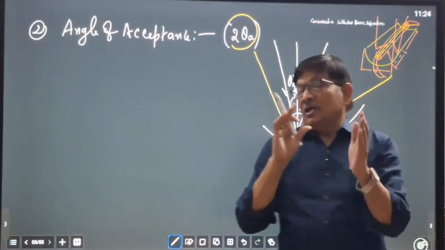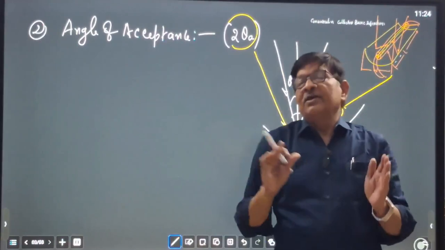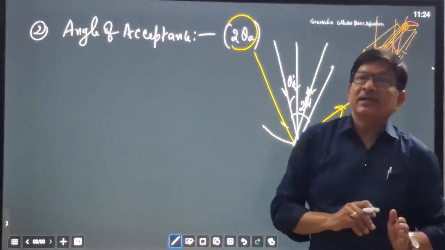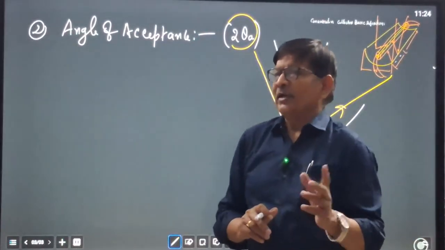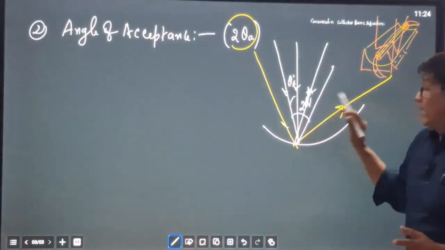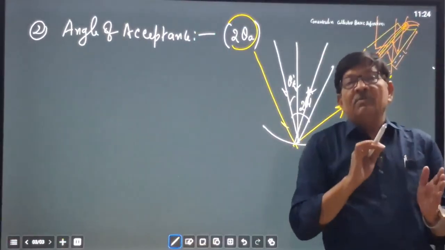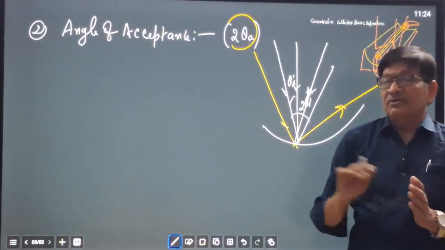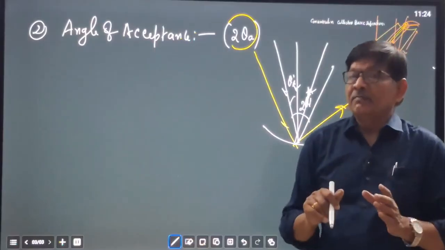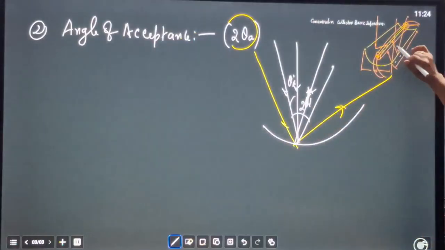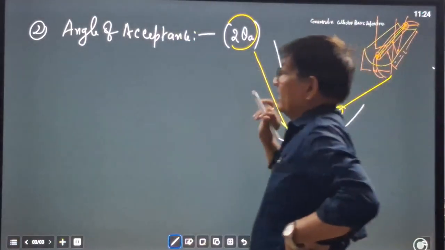That is why we defined it as 2 theta A or 2 theta alpha. It is the maximum permissible limit, normal to the surface, up to which radiation coming on the surface can be focused on the absorber tube.